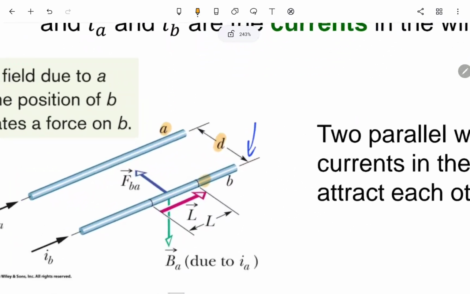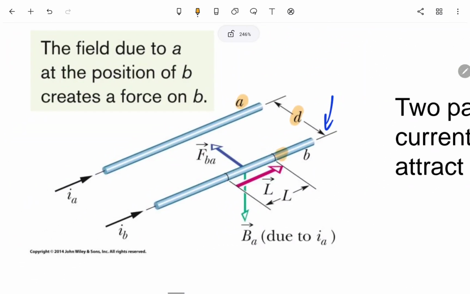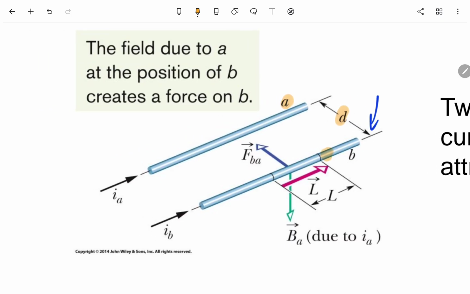Here we also try to see the direction. For wire B, I_B is from bottom left to top right, so L is in this direction. And for the B field generated by A, you use your fingers. For this I_A, your finger is pointing in that direction, and then your forefinger like this. So you expect the B field here is pointing downward.